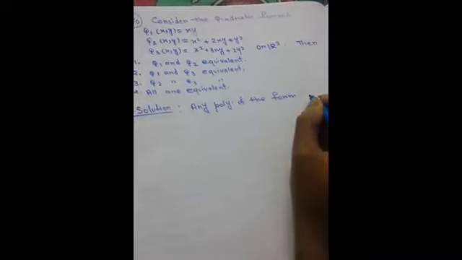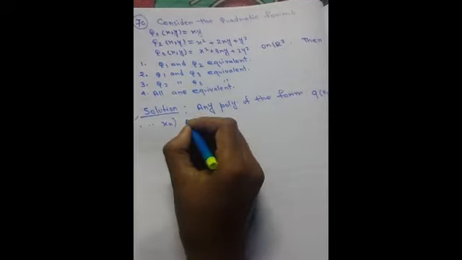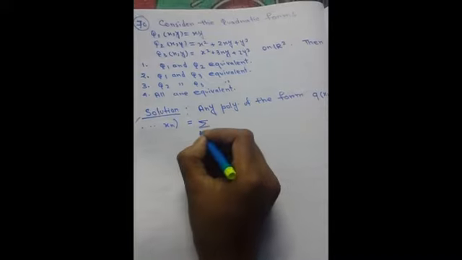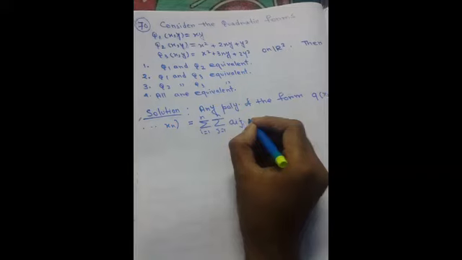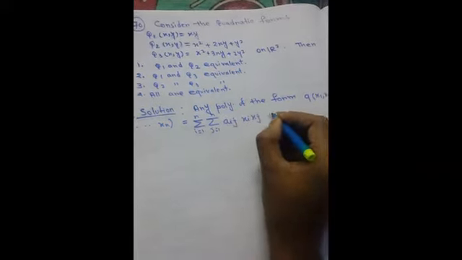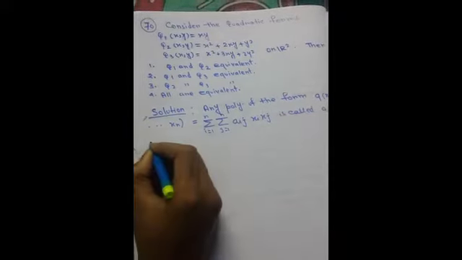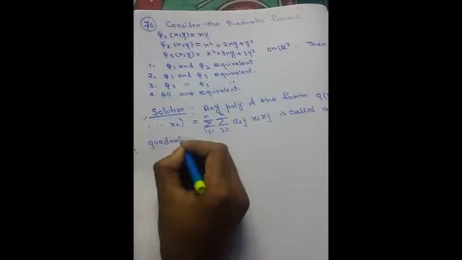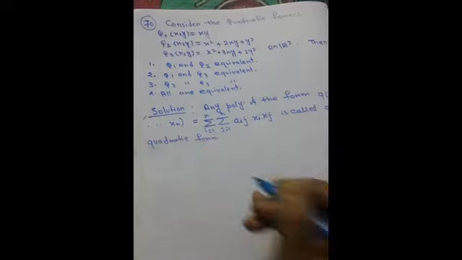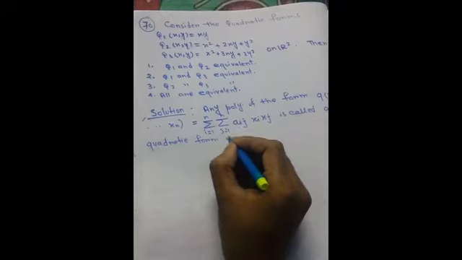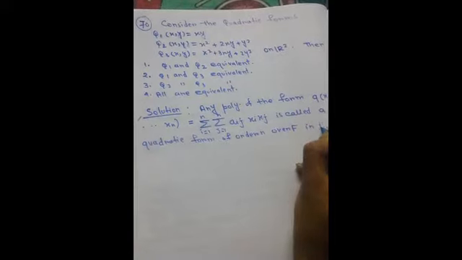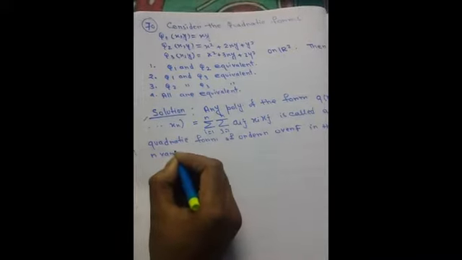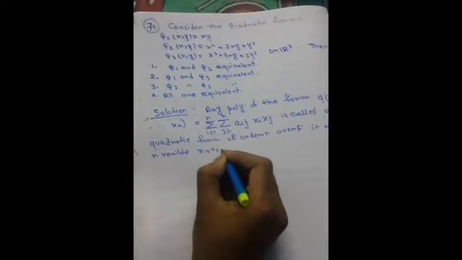First we write any polynomial of the form q(x1, x2, ..., xn) = summation i equal to 1 to n, summation j equal to 1 to n, aij xi xj, is called a quadratic form of order n over F in the n variables x1, x2, ..., xn.